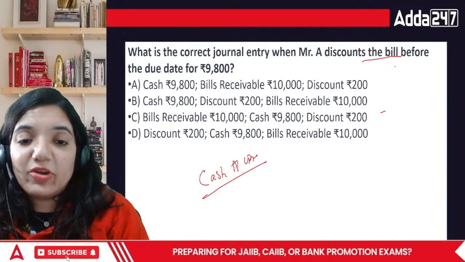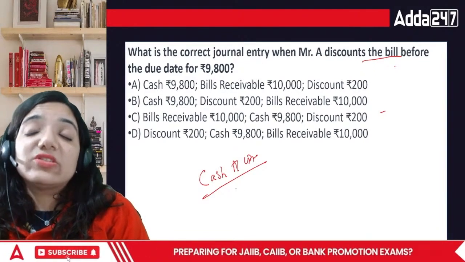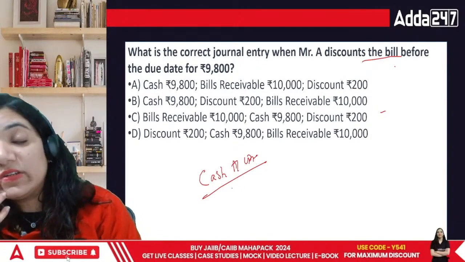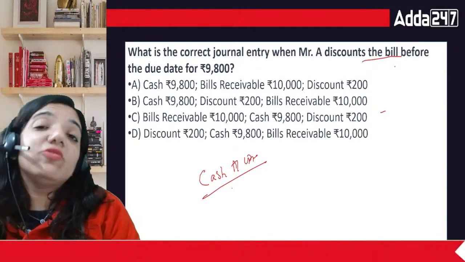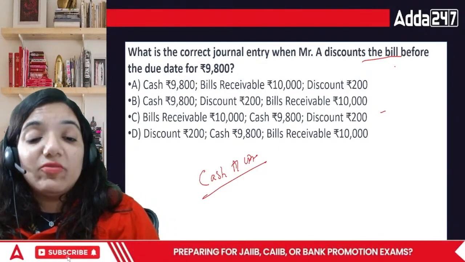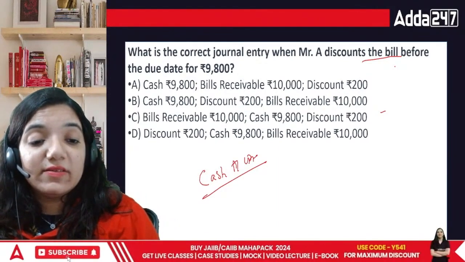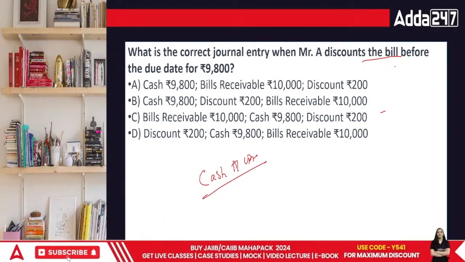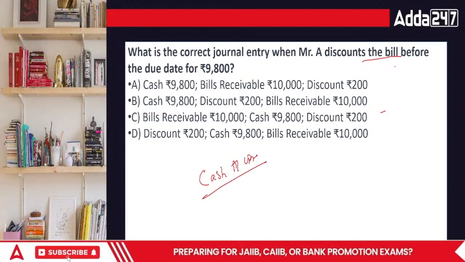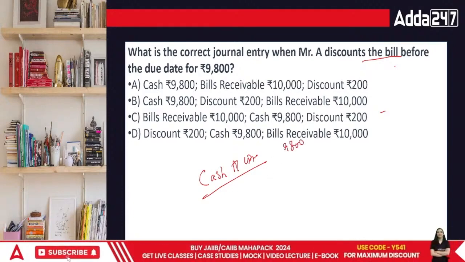So if I look at it from that point of view, the cash account is the amount that you are receiving in terms of the bill of exchange. And what are you losing? You are losing your bills receivable, the right to receive money from others. So in this case, you receive 9800 rupees.